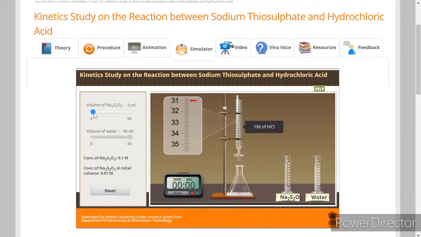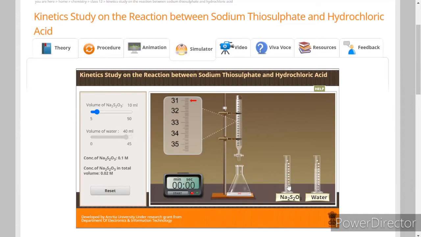Okay, let's start the first experiment with conical flask A. We set the volume at 10 ml, so the volume of water is 40 ml.